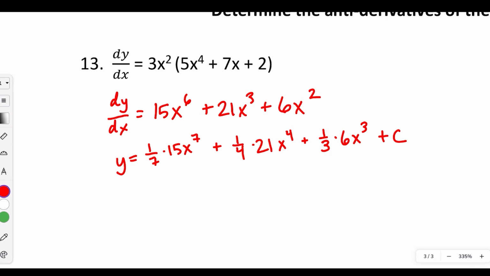So that's it. That's our antiderivative. We are going to clean it up a little bit, but that's essentially your answer.